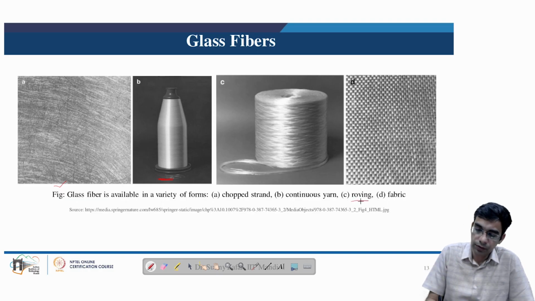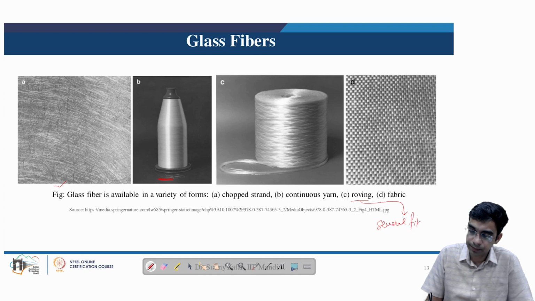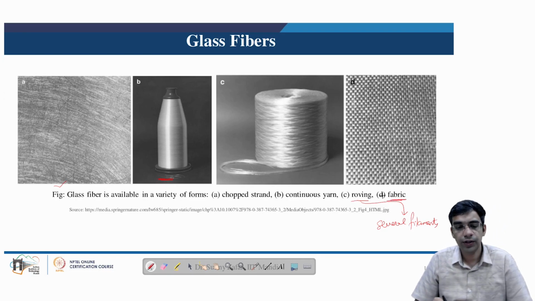If we recall, roving is basically a combination of several filaments, and this roving can then be utilized to weave various fabrics. Just as we have seen in the previous lesson, different weave patterns lead to different types of fabrics like plain weave, twill weave, basket weave, satin weave, etc.